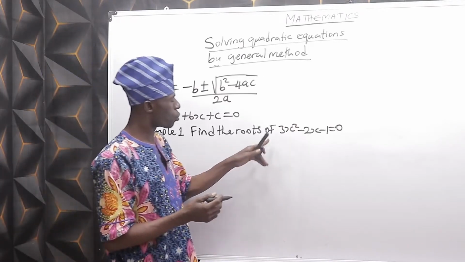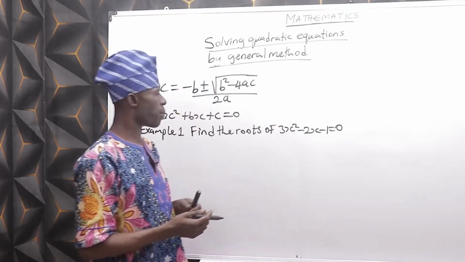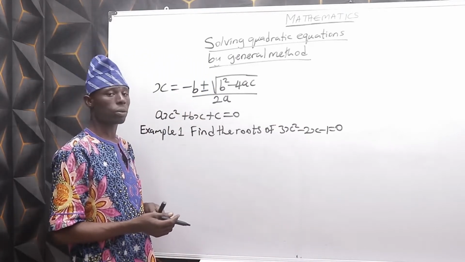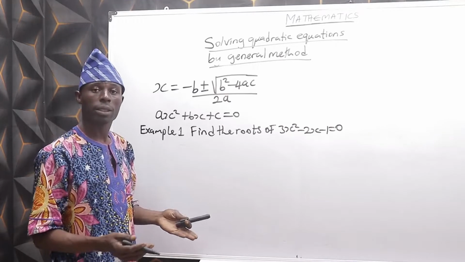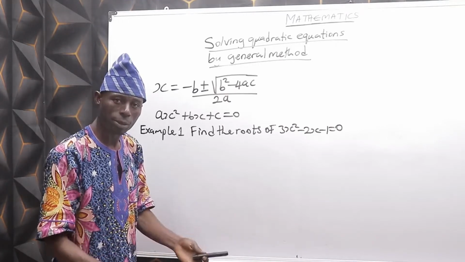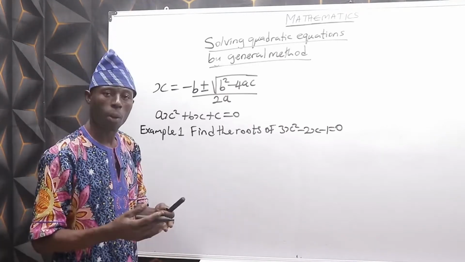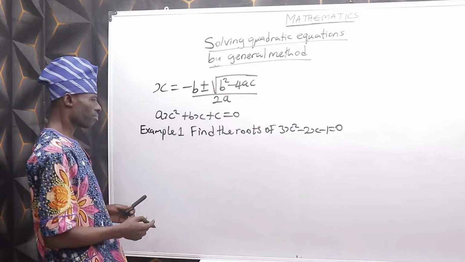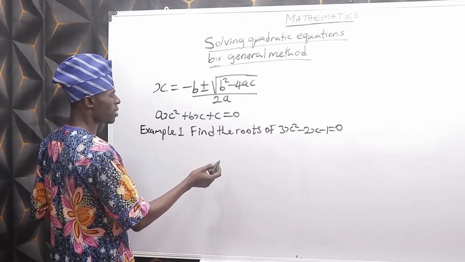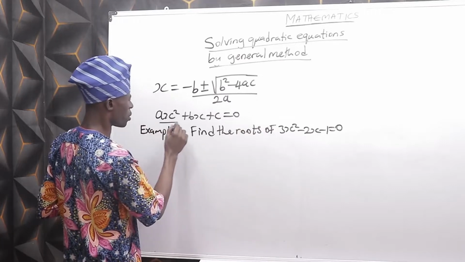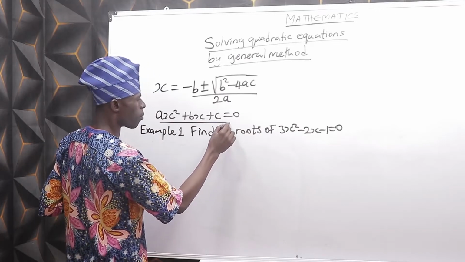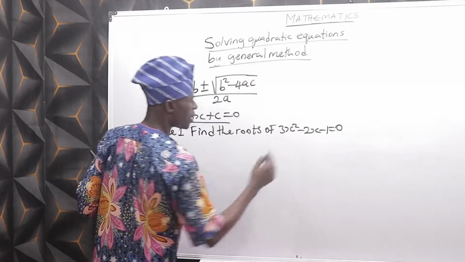Let's see example 1. Find the roots of 3x squared minus 2x minus 1 equals 0 using general method or almighty formula. All you need to do is compare the equation above with the given equation.